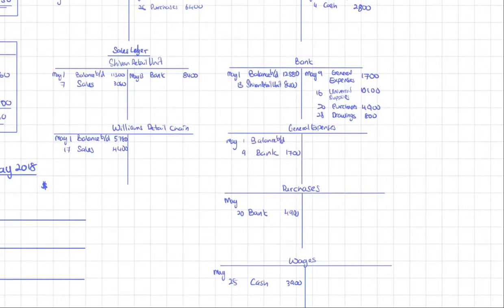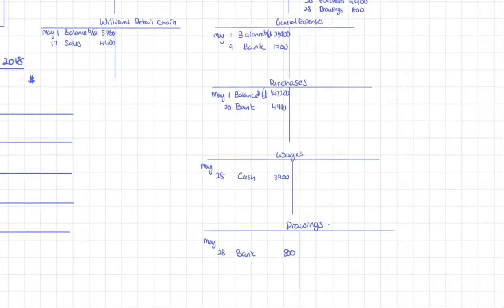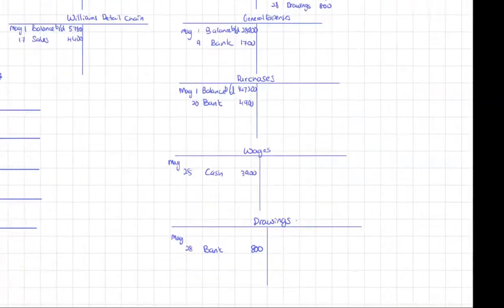Remember to write brought down because that is from last year's 28,900. And then purchases also has a balance. 147,200, and then wages was just a balance of 88,200.